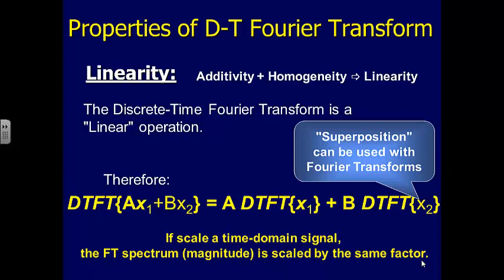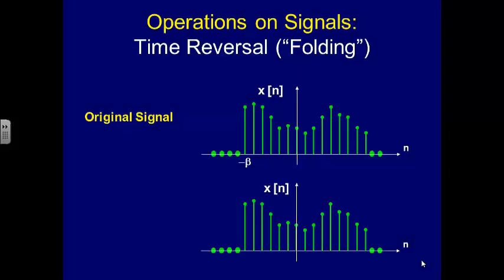If I scale them by scalar values, I scale their transforms. That's a statement of superposition, which all linear operations must obey. So if I add stuff in the time domain, I can just add up their transforms. I don't have to do anything else.